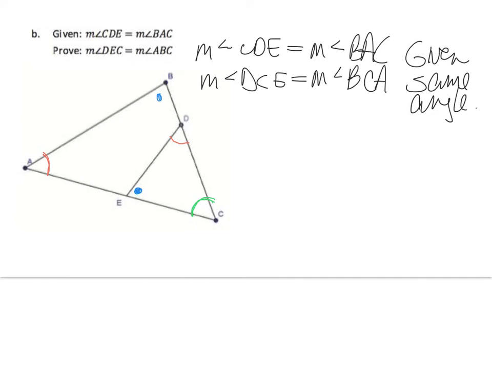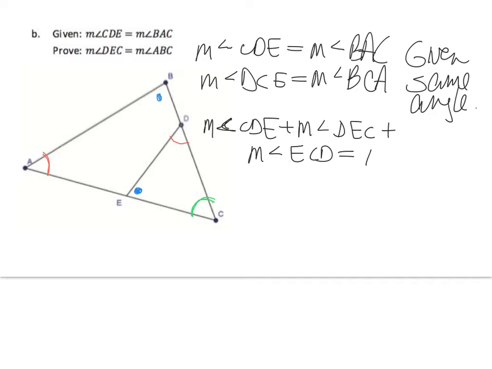All right, now let's look at the small triangle and the big triangle. For the small triangle, the measure of angle CDE plus the measure of angle DEC plus the measure of angle ECD is 180 degrees.